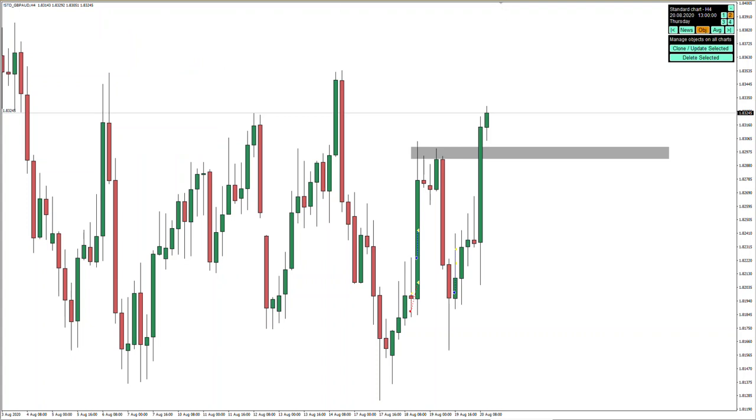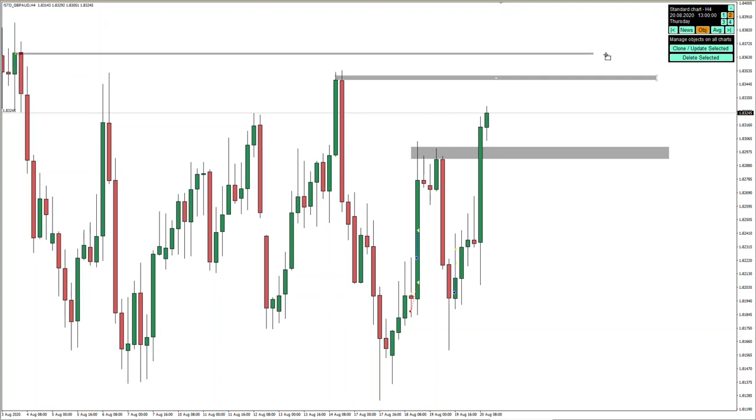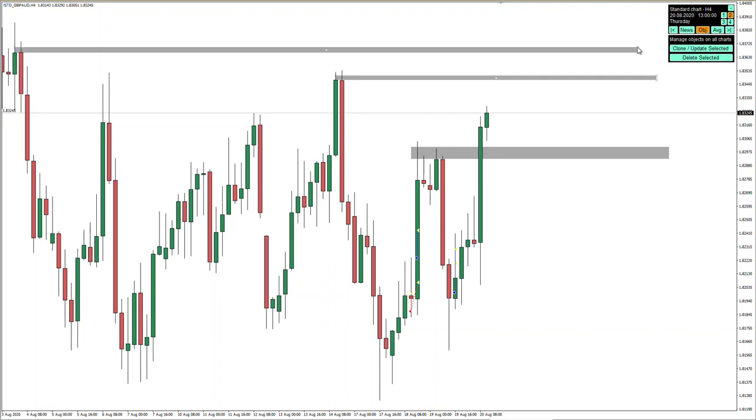Here's the first resistance. Here's the next resistance. Then we have support here. And we have support here.